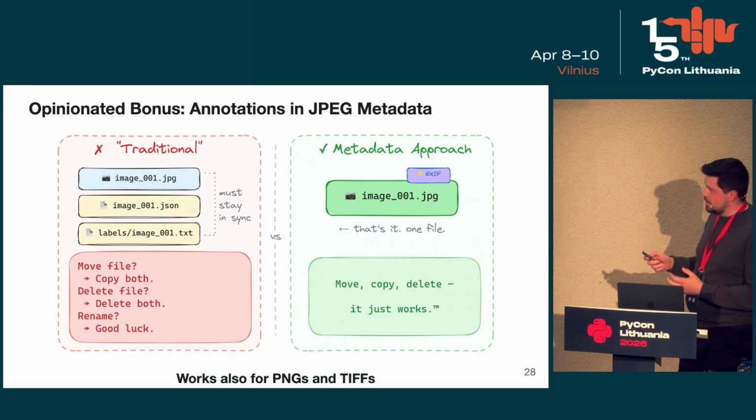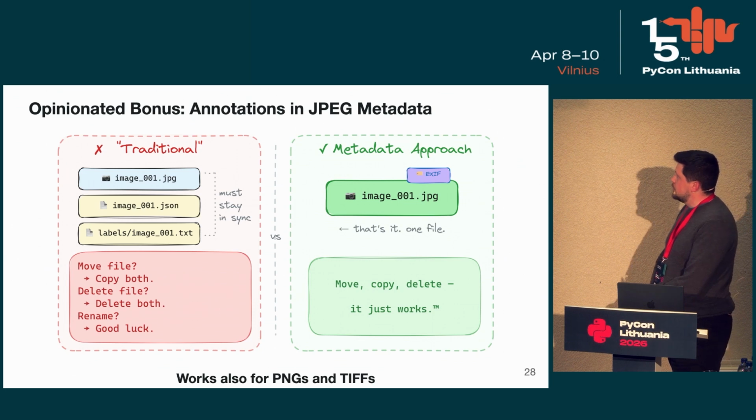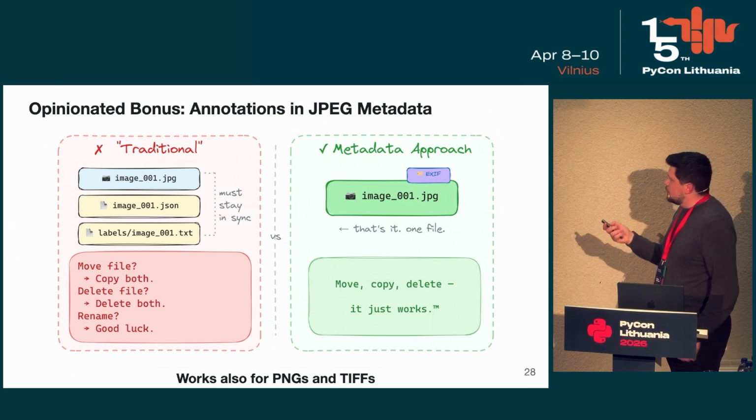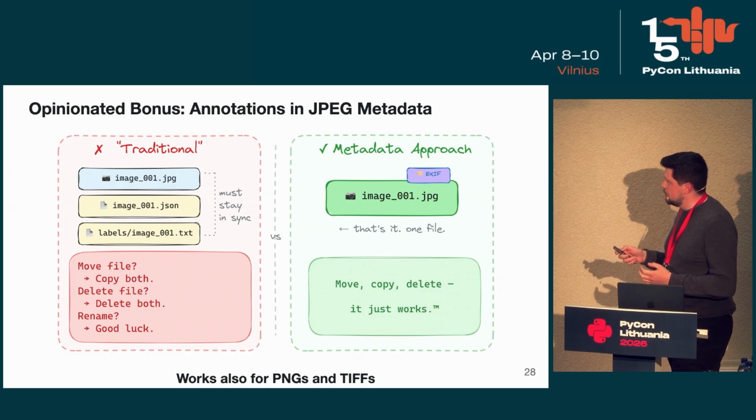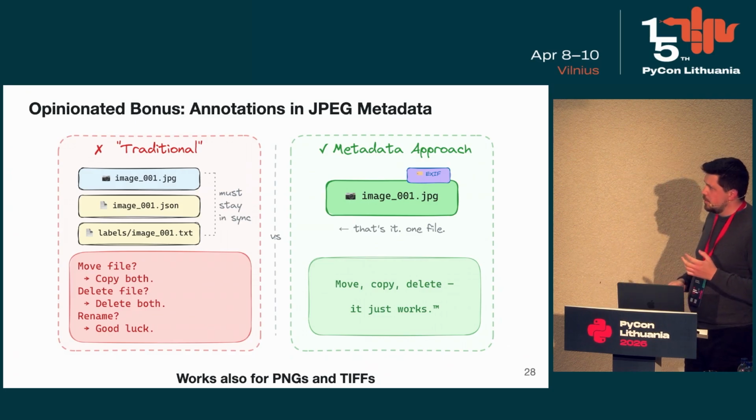And when you need to train, you just convert the dataset format and you train. It saved us an enormous amount of time, and we tested it on a lot of projects, and it was great. Of course, it doesn't work well if you need to version a lot. If you have a lot of annotation changes, and your data is static, in these cases it's not what you should use.